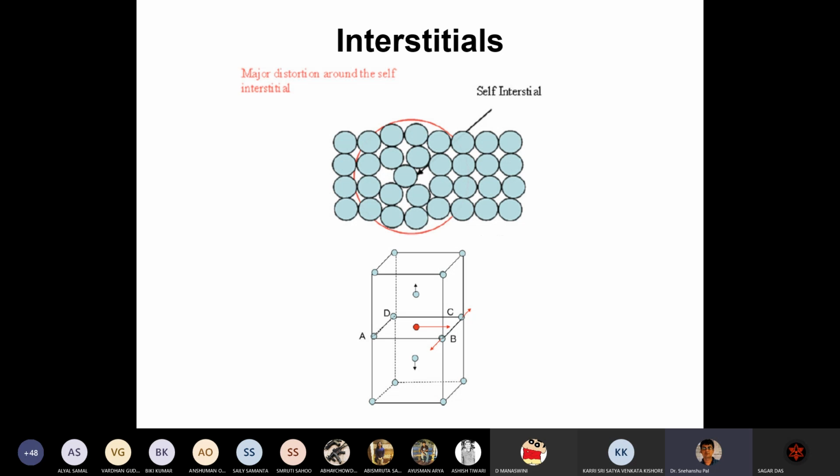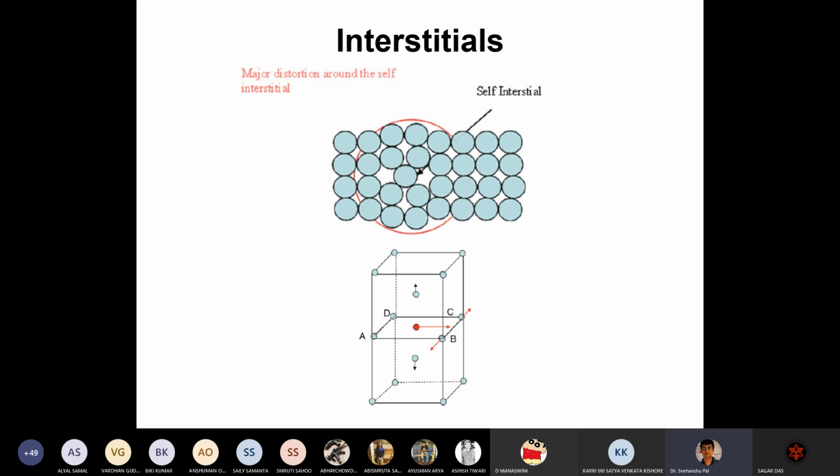Instead of the regular position, if this host atom takes a position inside an interstitial site, then you can say that this is a self-interstitial.